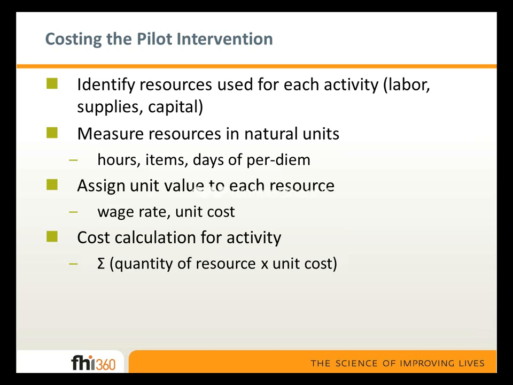For supplies, the number of items, and we could also be looking at days of per diem in the case of workshops. We then assign a unit value to each resource, which is the process of attaching a price or cost to the resource. And then at the end, we add up all of the resources, multiply them by their unit costs, and that then gives us the total cost for an activity.